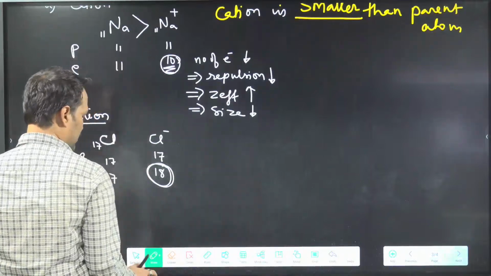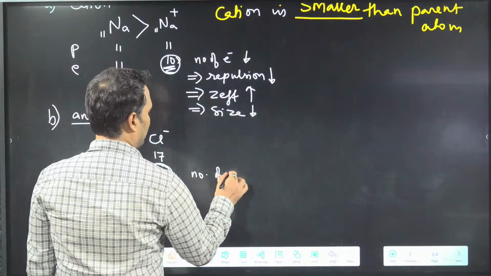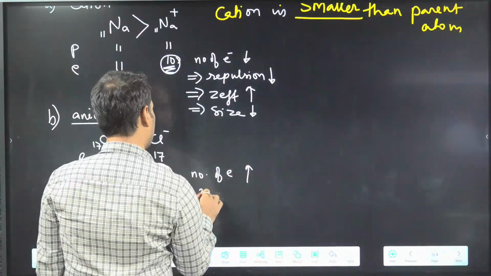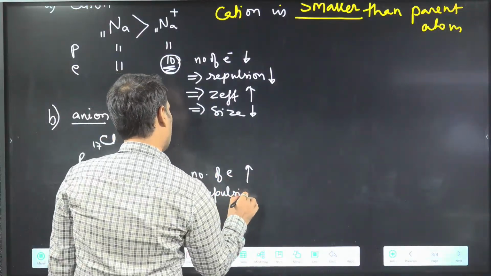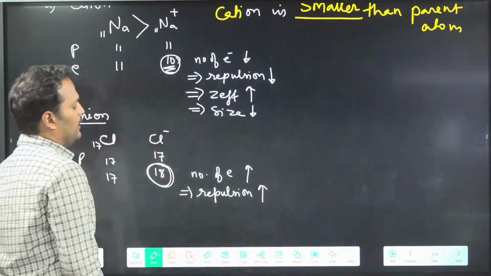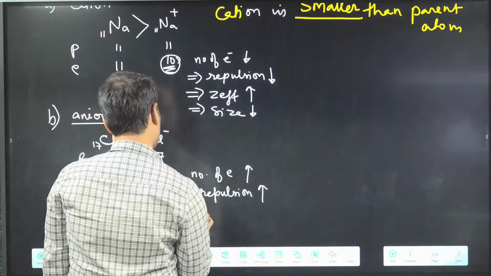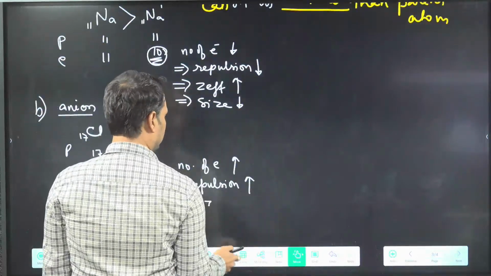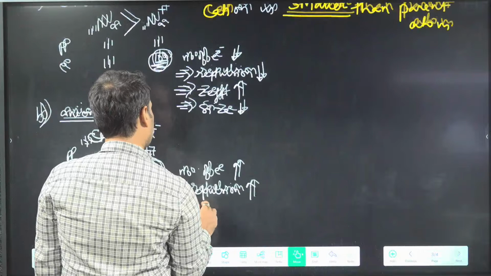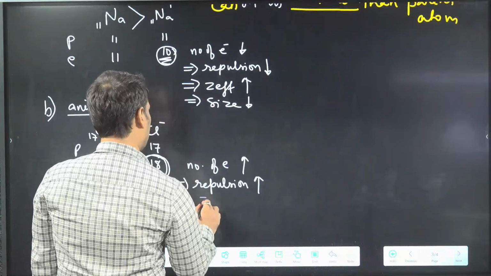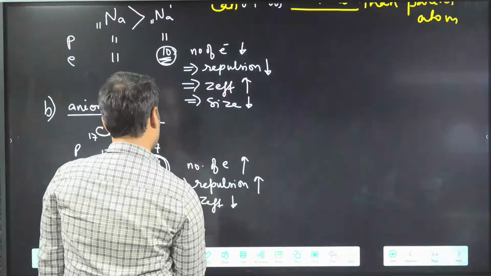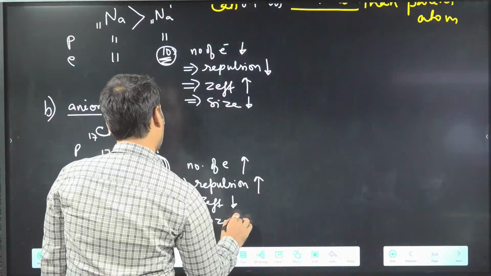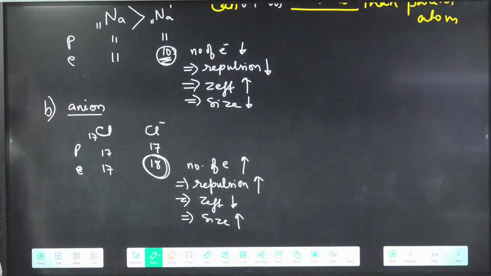The number of electrons increased. That means repulsion, tell me, what will repulsion do? Repulsion also increased. That implies Z effective will decrease, which implies size will increase. Clear with this point?